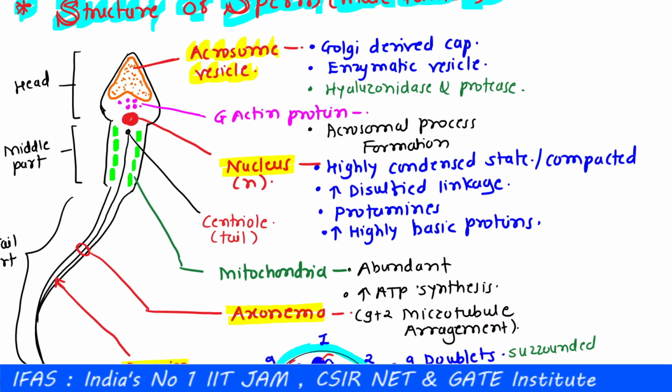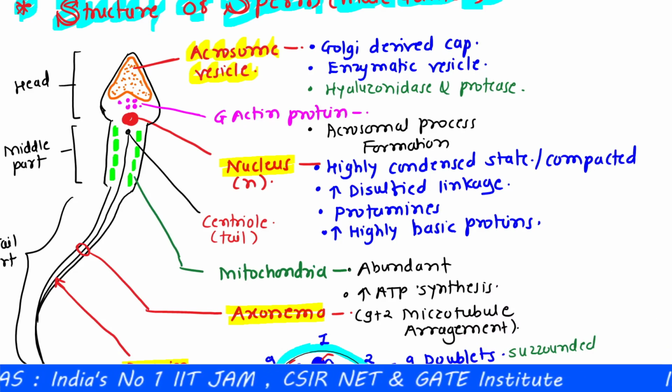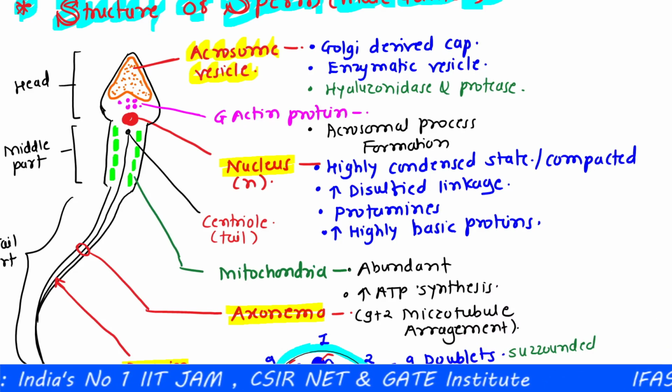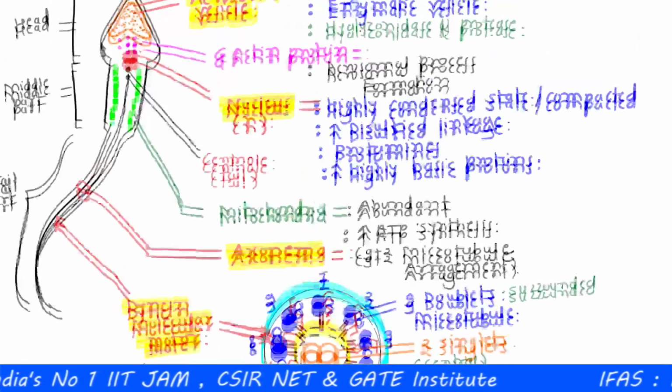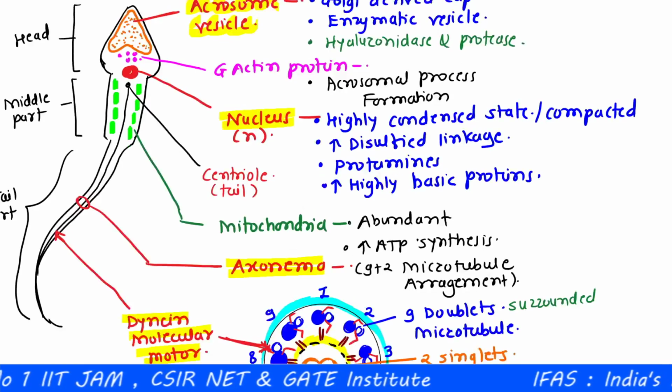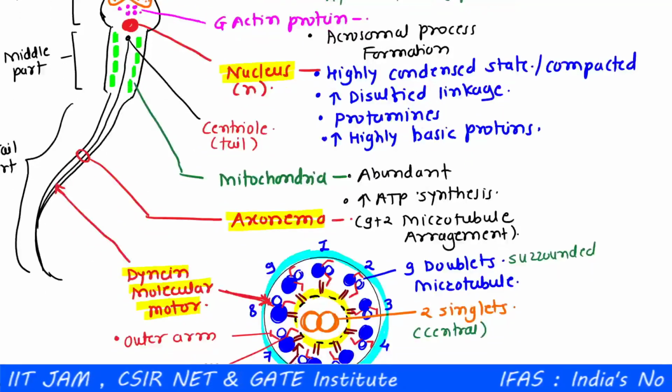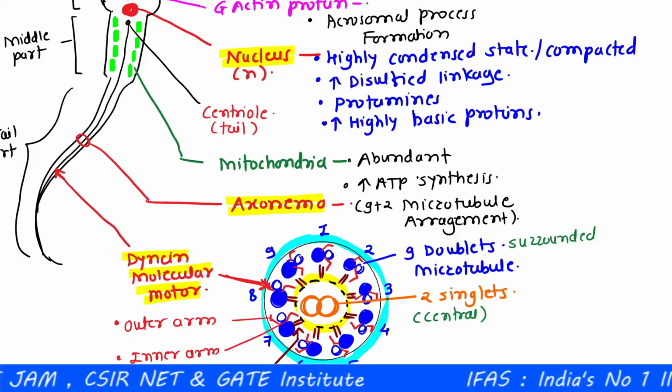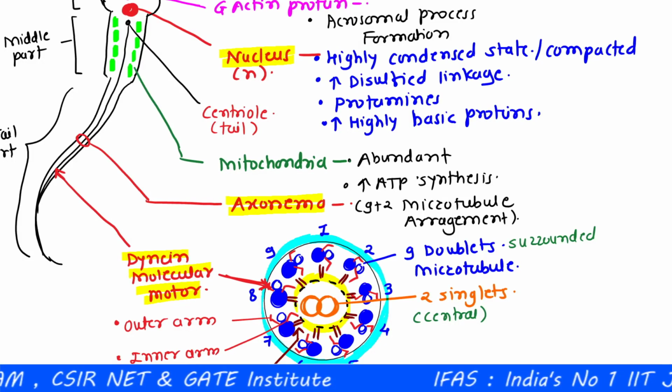The actin protein is required for acrosomal process formation. The nucleus is in a highly condensed and compacted state, with protamine amino acids present, high disulfide linkage, and highly basic proteins. Therefore it is in a highly compacted state.